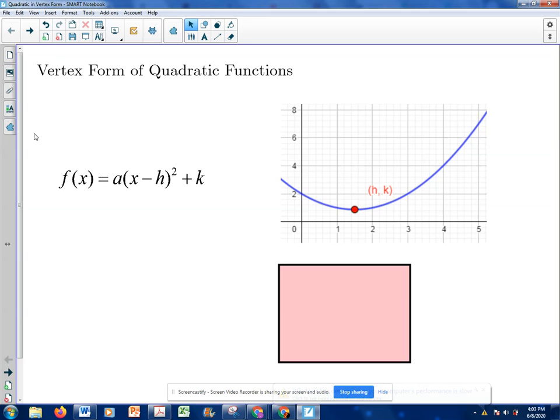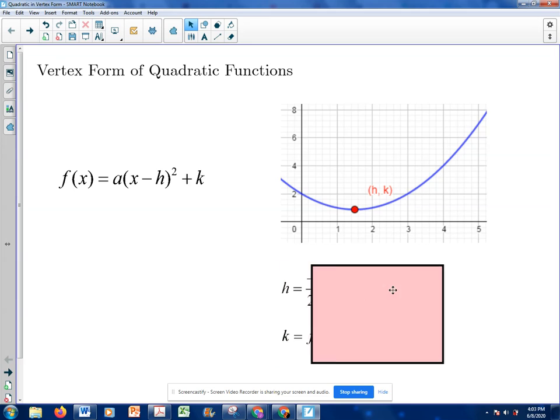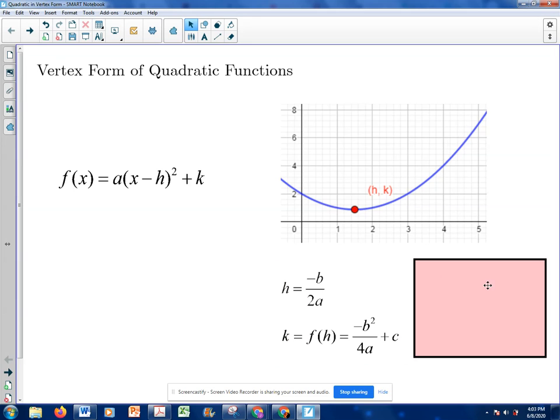Now that's all well and good, but how do we find out what h and k are from the standard form? Well, I have a little formula over here. This one you're going to use all the time. H equals negative b over 2a. So if we take the a, b, and c from the standard form, we can plug them in here and find out what h is.